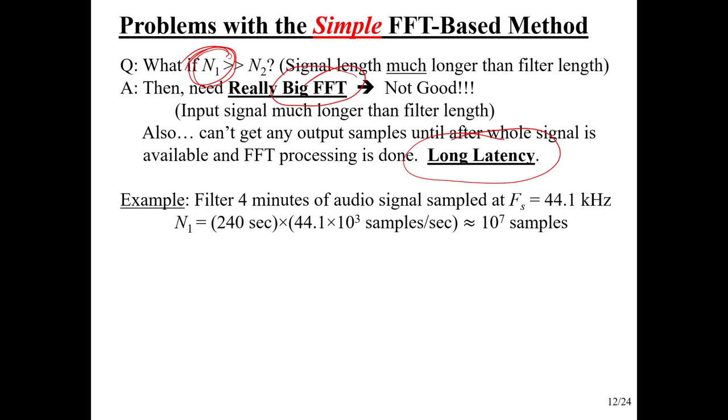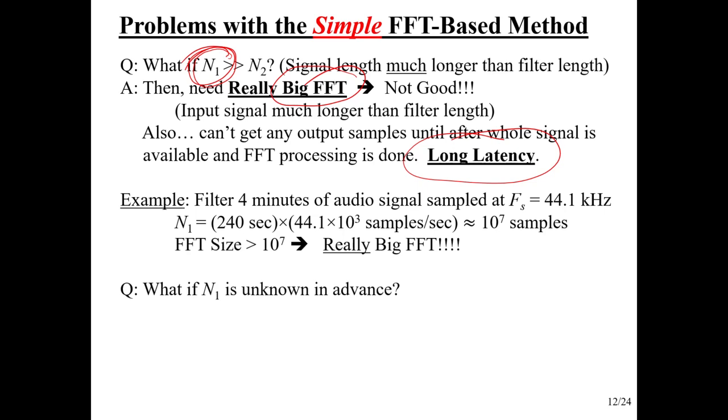A typical FFT is on the order of maybe 8192 samples, 16384 samples, 32768, maybe one more power of 2 above that, 65,000-ish. Those are big, but not unreasonable. But 10 to the 7th, that's a ridiculous FFT size. We would never want to do that.